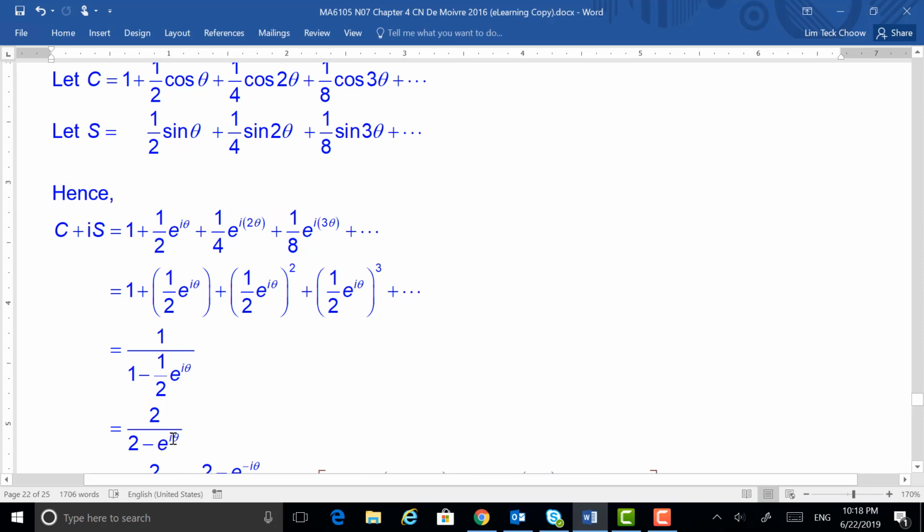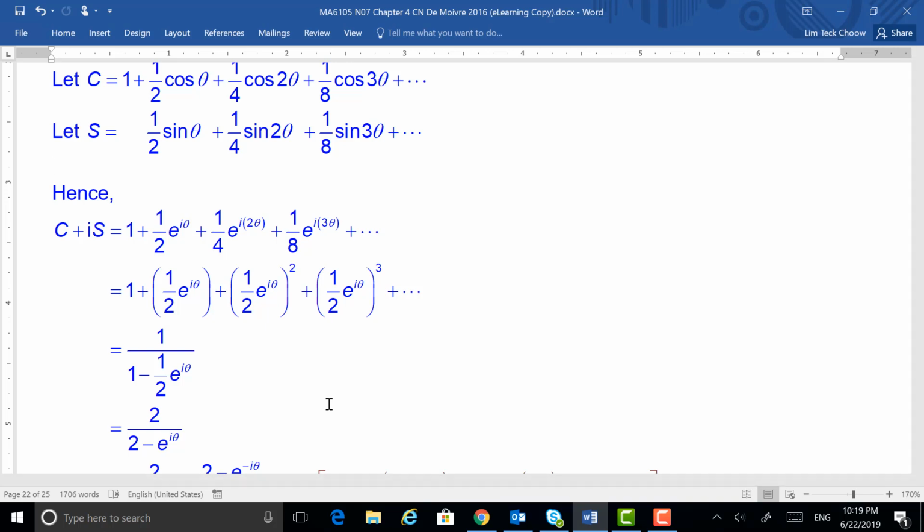If you could recall, to rationalize an expression like this, which means you try to make the denominator just a real number, the step to doing so is to try to multiply both the denominator and the numerator by the conjugate. Okay, let's say once more. To rationalize this expression, we want to multiply the denominator and the numerator by the conjugate of the denominator. What is the conjugate of the denominator?